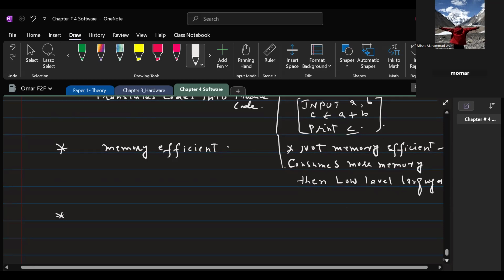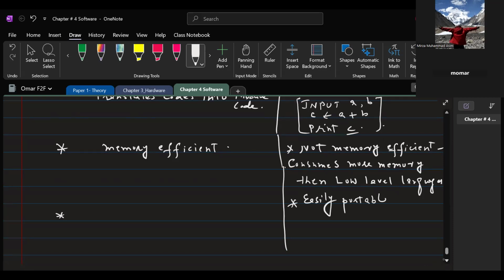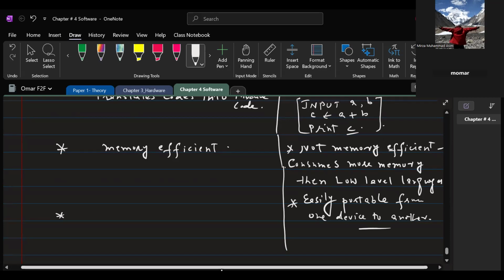Okay. High level languages can be easily portable from one device to another. For example, if I write a program in Visual Basic or Python and I send you the code, then you can easily copy, paste, and run that file in your own Python installed on your computer, right?